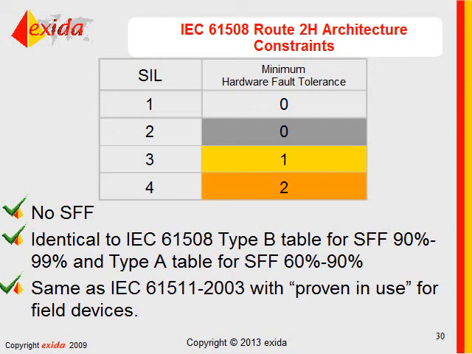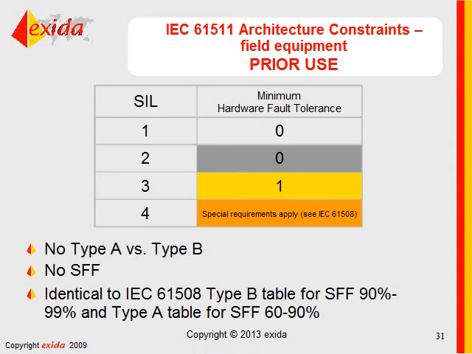It's just a reiteration of the old 61511 table from 2003. Take a look at it. You can see same numbers for SIL 1, 2, and 3. 61511 does have some special requirements and refers you back to 61508 for SIL 4, but for the most part, those of us in the process industries don't see SIL 4.